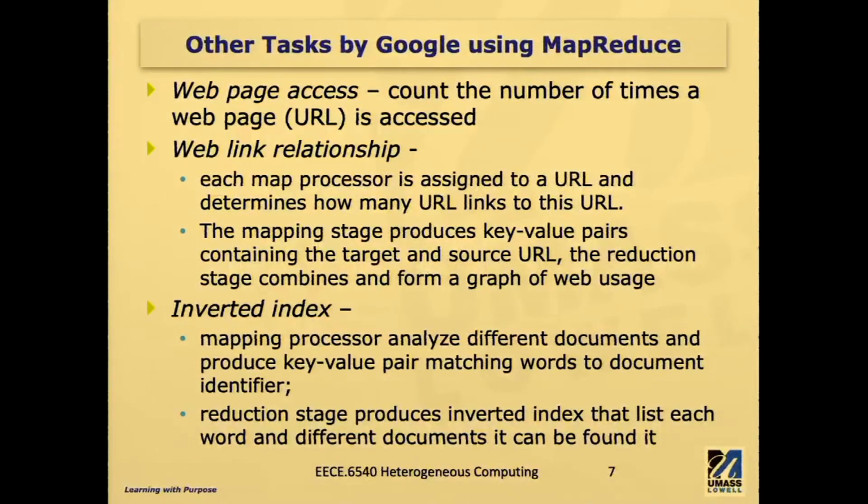In that case, we can use the URL as a keyword, then count the number of times it has been accessed. Also, there's the example of Weblink relationship, which I will introduce next. And also the inverted index, where the mapping processor will analyze different documents and produce key value pairs that match keywords to document identifiers, and the reduction stage will produce the inverted index, so you know where the keyword occurred in the document.